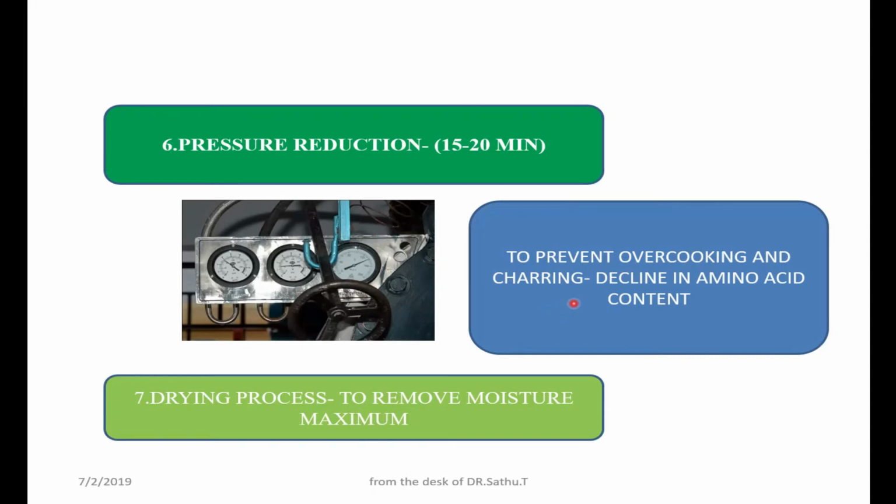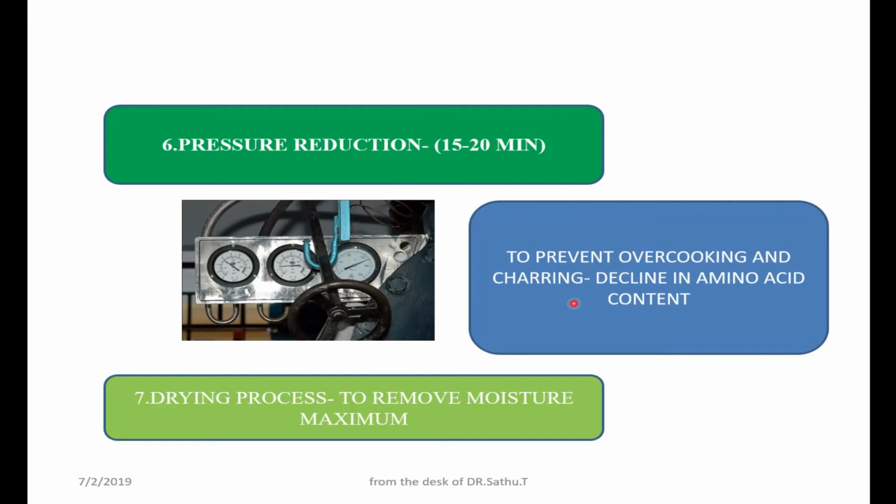If the pressure rises above the sterilizing or hydrolyzing pressure, then slowly open the blow-off valve until the pressure is correct. You have to take care of that, otherwise your whole batch will get destroyed.